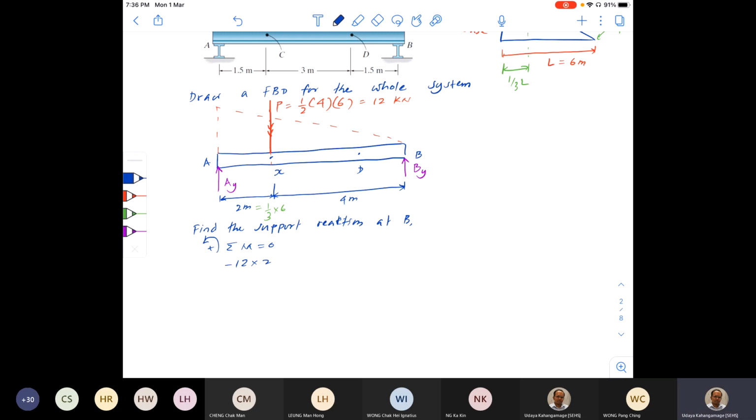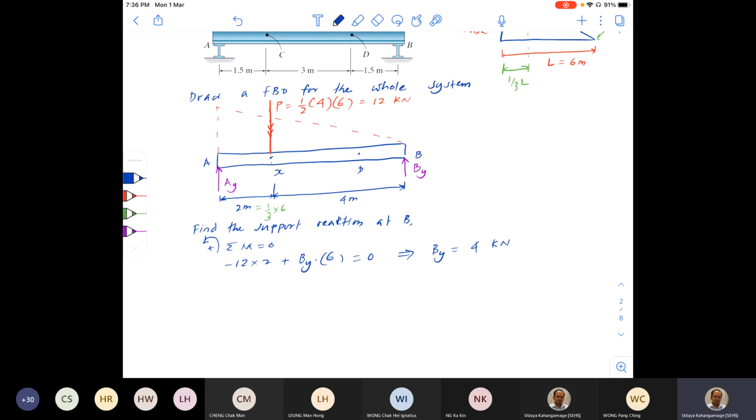It is negative. Okay. And then you apply only BY. BY create an anti-clockwise direction moment, that is positive. BY into the distance 6 meters equal to 0. That means now you can find out BY. I did the calculation, I got this 4 kilonewton answer.